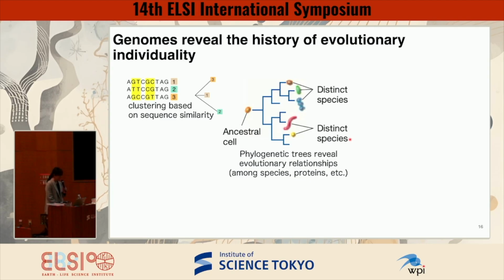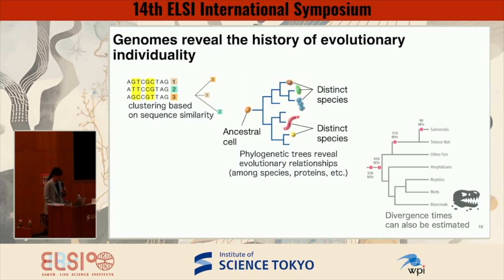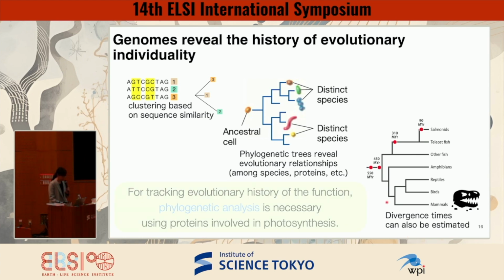These trees trace back to a common ancestral cell and illustrate how distinct lineages diverge over time. Importantly, a phylogenetic tree can also be used to estimate divergence times, providing a temporal framework for evolutionary events. So, to track the evolutionary history of a function, phylogenetic analysis is necessary.